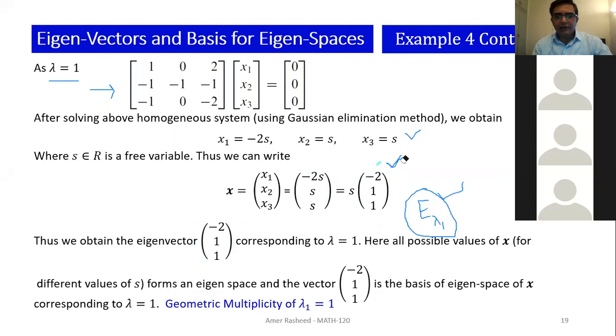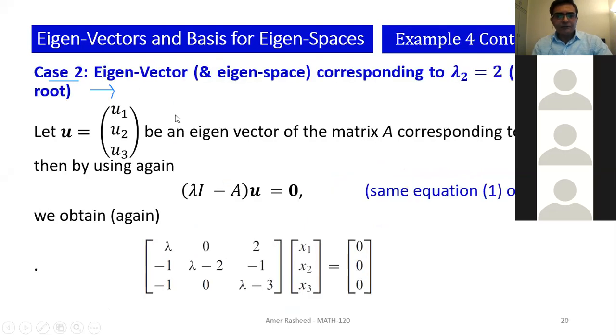Now I'm going to erase this, and now we are going to discuss the next slide. This one. Now we consider case 2, in which we are going to find the eigenvector corresponding to lambda 2 is equal to 2.